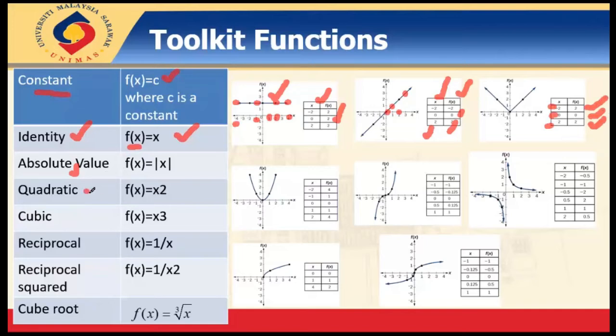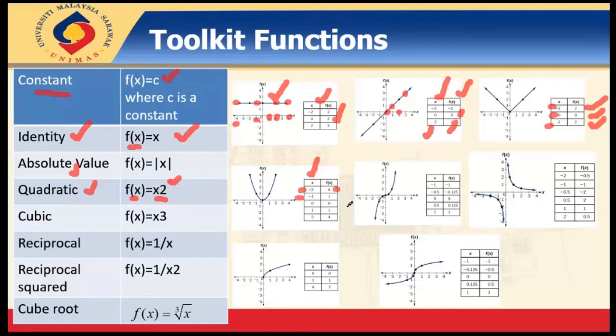Quadratic functions are like this: f of x is equal to x square. This is not x2, it is x square. The table clarifies this: if -2 is the input, the output becomes 4, since -2 multiplied by -2 is positive 4.